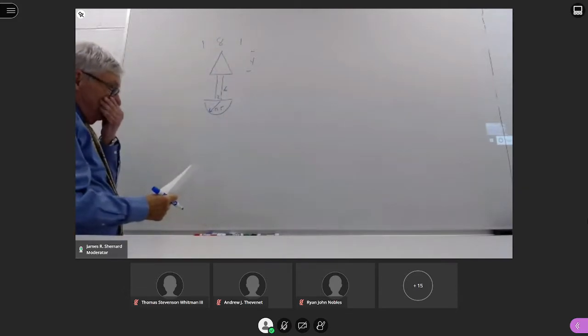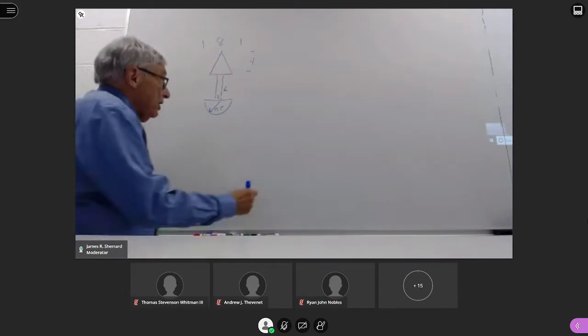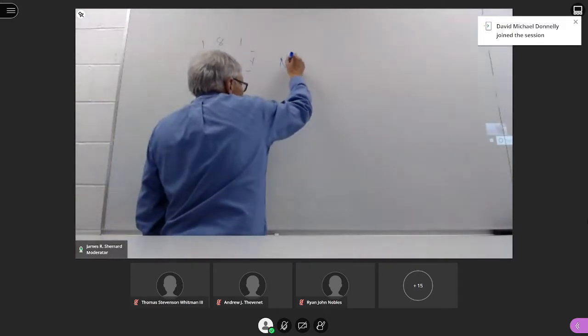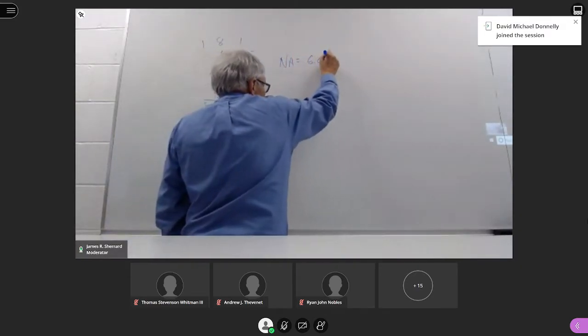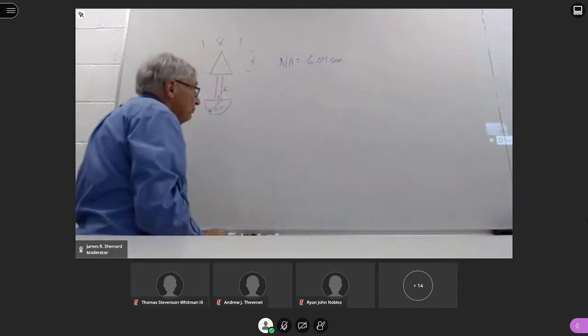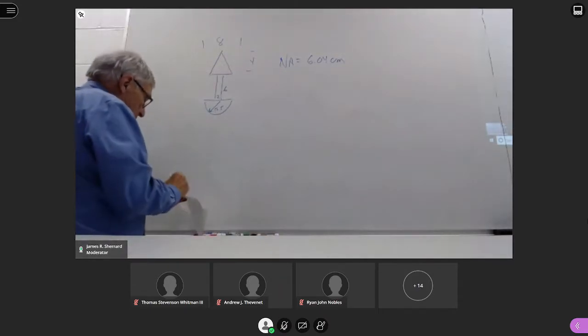with those physical dimensions. In the last quiz, we had calculated the neutral axis. Neutral axis was 6.04 centimeters from the baseline.